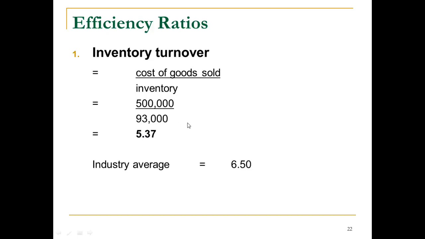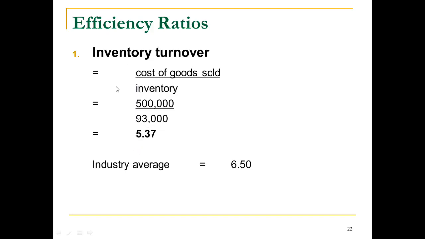So this is actually depending on the nature of the company. If the company sells fresh fish, then the inventory turnover might be higher. It might be 365 because you purchase your raw materials frequently.